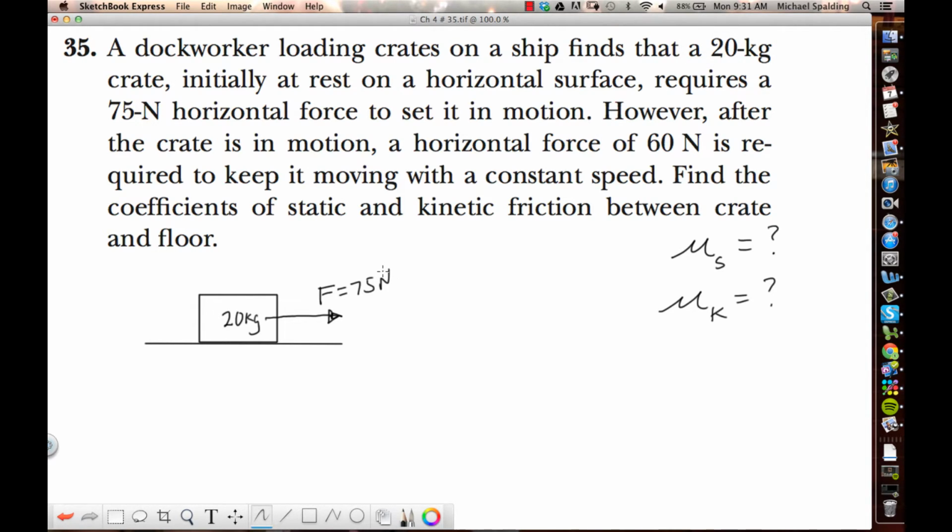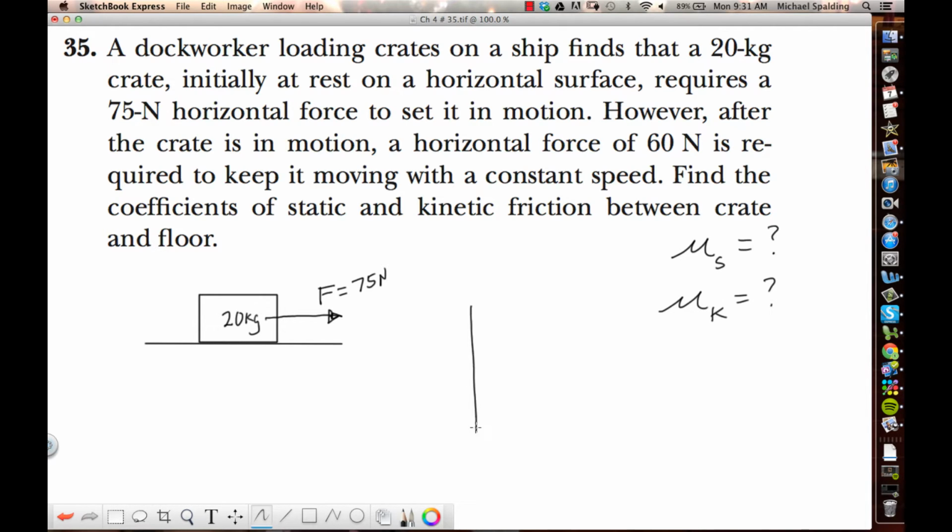What about when the force was like 70 newtons before it got to 75? Nothing. It's not moving yet. How about when the force was like 50 newtons? Nothing. The magic number is 75 newtons.